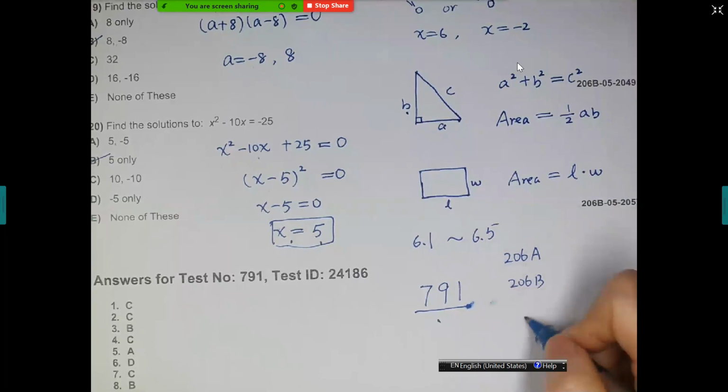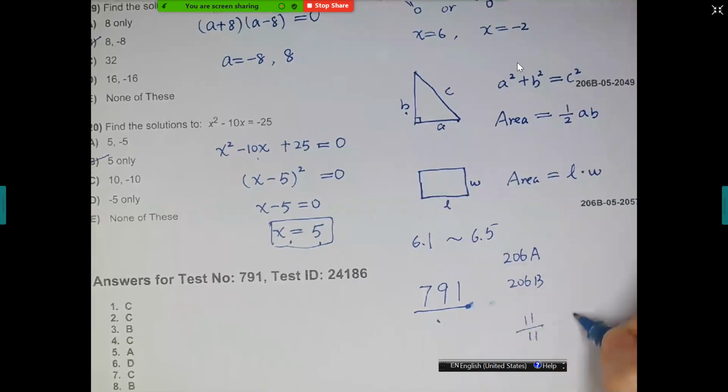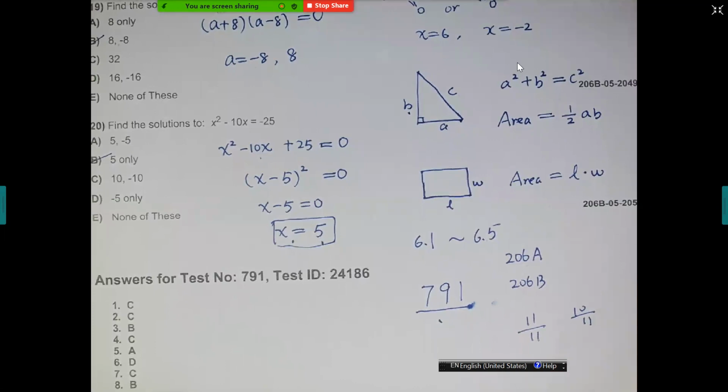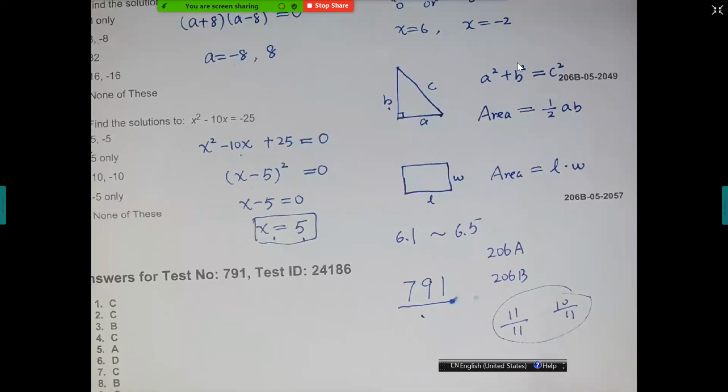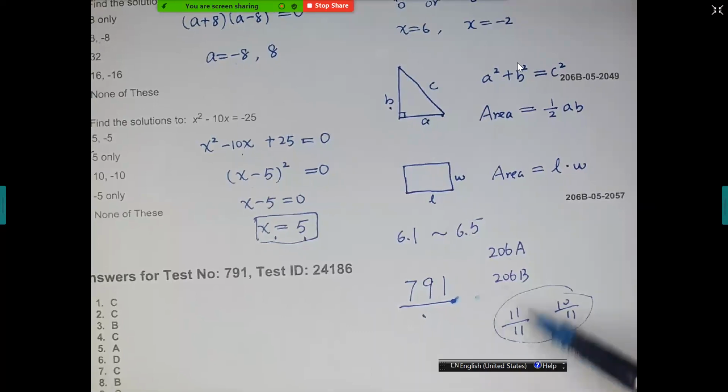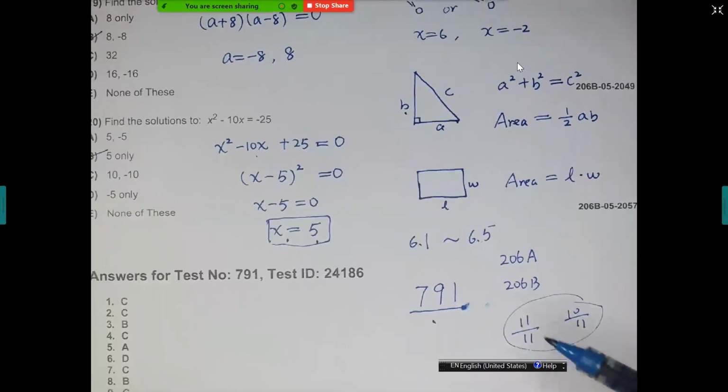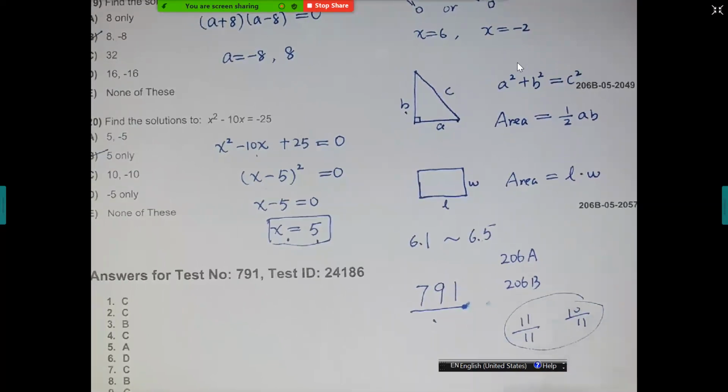You'll see you get 11 out of 11 correct, or 10 out of 11. Screenshot your grade and email that to me. I will manually overwrite the grade in my grade book. I will not change the due date. Everyone has one late pass for each homework. So just email me your screenshot of the grade, and I will overwrite the grade for you. This is something I want to remind you of.